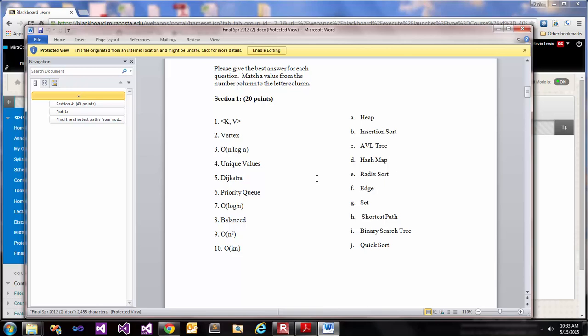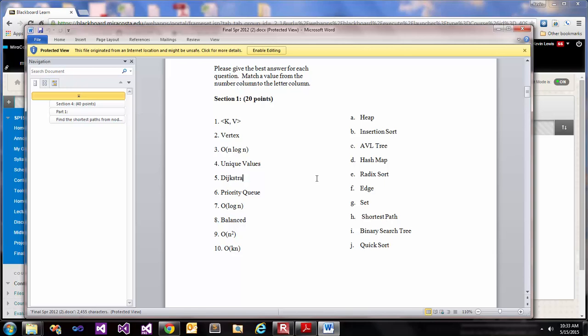O n log n is some sort of algorithm, probably, that runs in that time. So we know heap runs in log of n typically. Insertion sort is n squared, so that's not right. Hash map operations are usually O(1). Radix sort is O(k n).